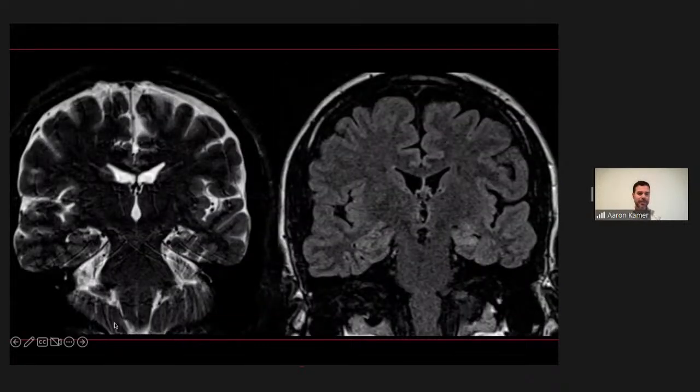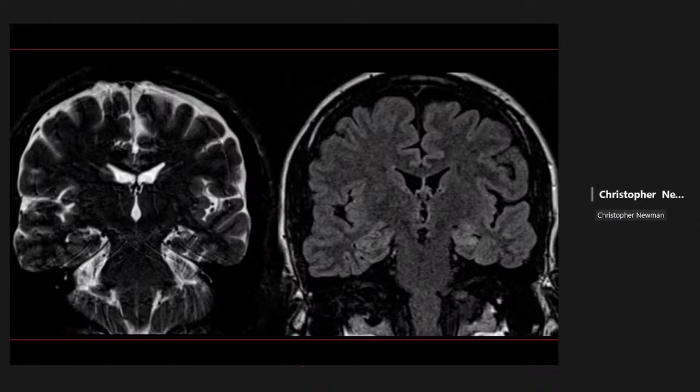Okay, let's see, who should I pick on next? Chris, what do you tell me about this case? What two sequences are we looking at here? All right, so I think we've got the coronal oblique cuts, and we're looking at I think a STIR on the left and a FLAIR on the right. Mm-hmm.